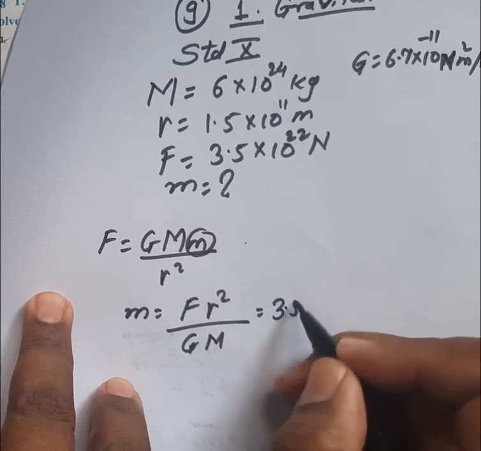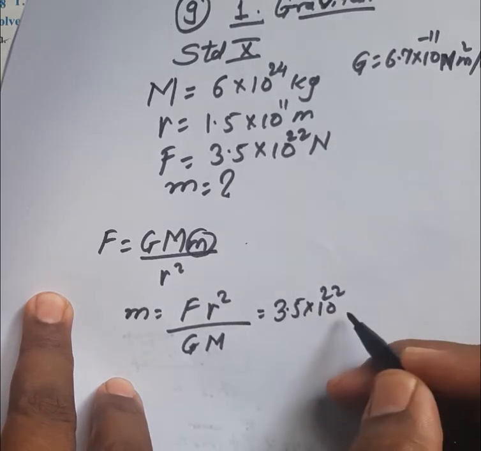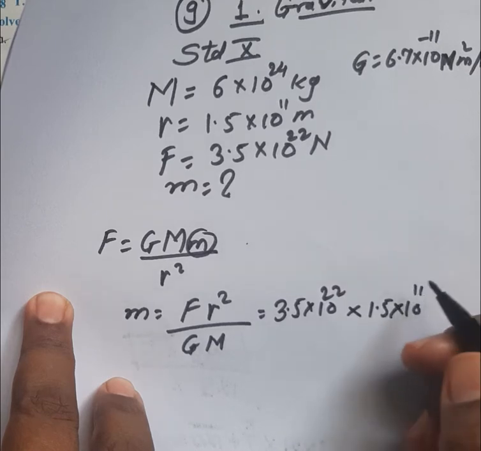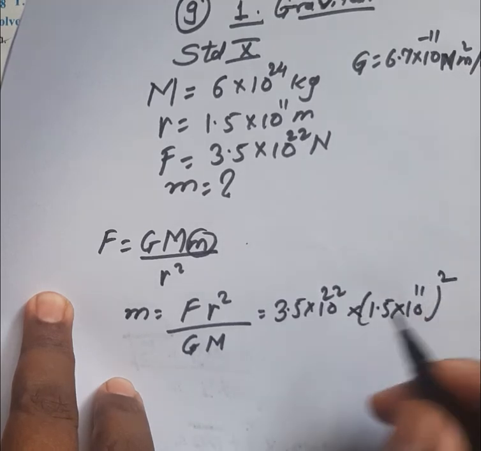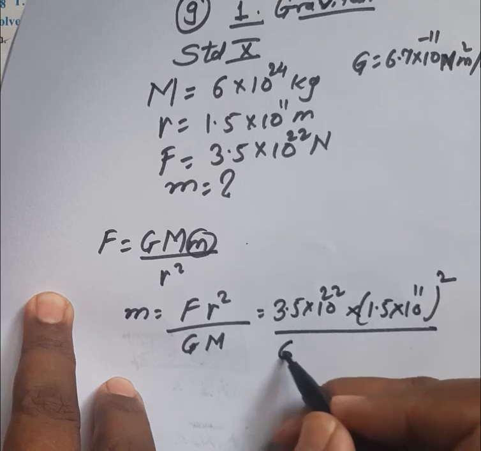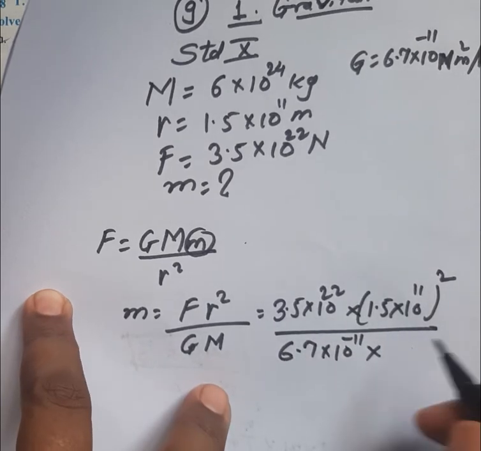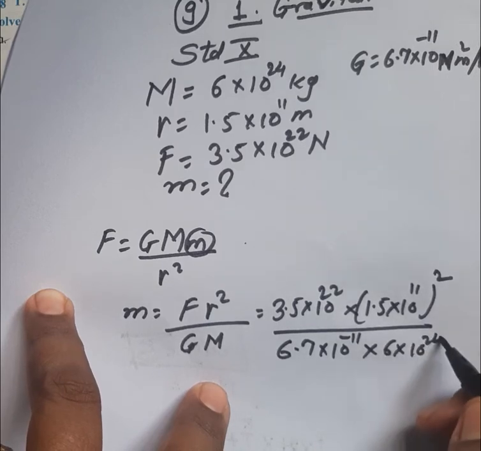Here, 3.5 into 10 raised to 22 multiplied by R, which is 1.5 into 10 raised to 11, bracket square, upon G, which is 6.7 into 10 raised to minus 11, and into capital M, which is 6 into 10 raised to 24.